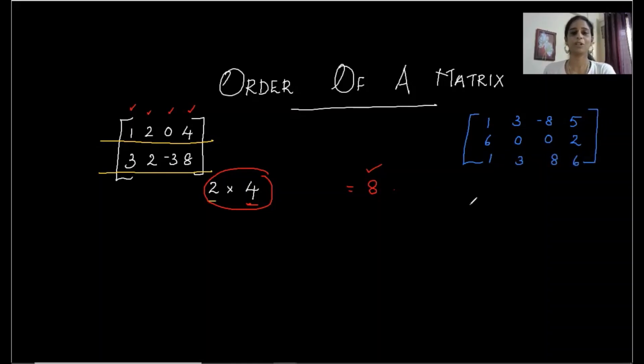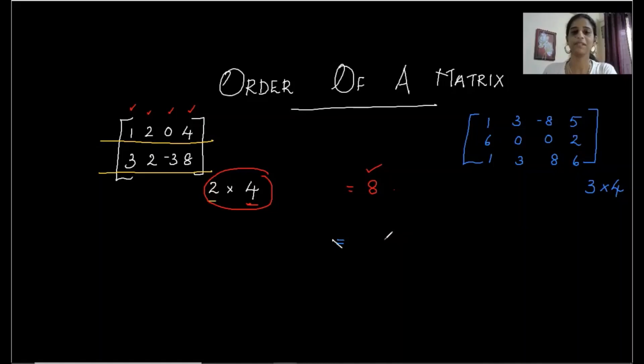Now tell me the order of this matrix. This matrix has 3 rows: first row, second row, and third row. So 3 here, 3 by. Now columns. How many columns are there? 1, 2, 3, 4. So 3 by 4 is the order of this matrix. And when you multiply 3 by 4, you will get the total number of elements of this matrix. I think it's clear.